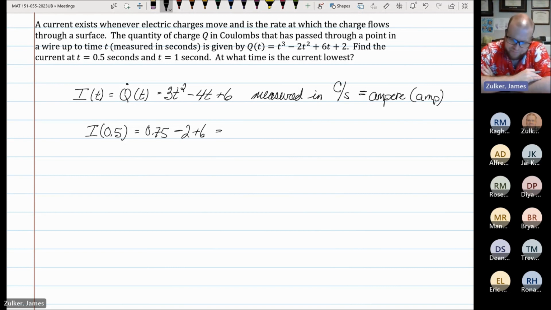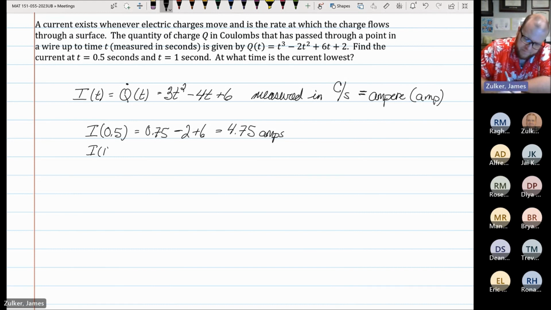Oh, I know why. 4.75. 4.75 amps. Then at 1, just be 5 amps, wouldn't it?